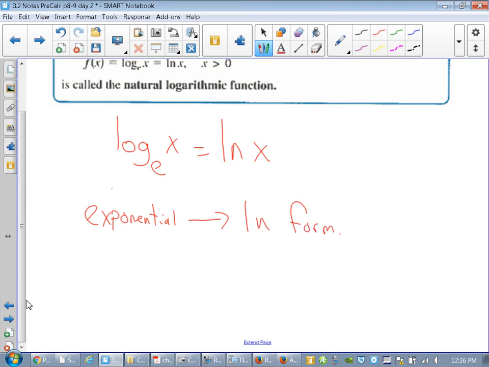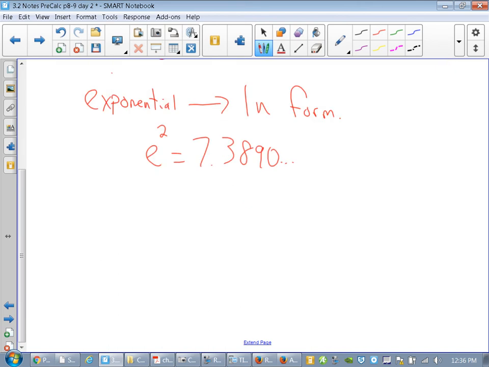what do? Well, let's say we have this. I want to rewrite that as a natural log. Take a deep breath.